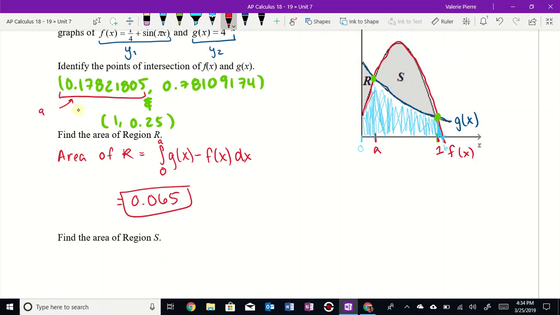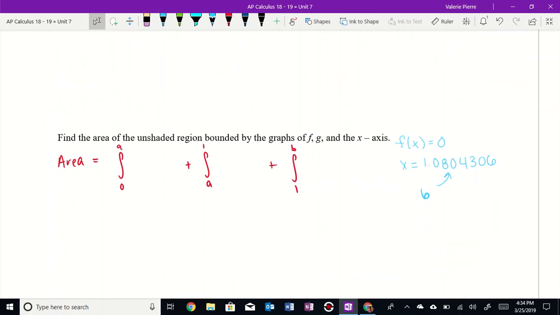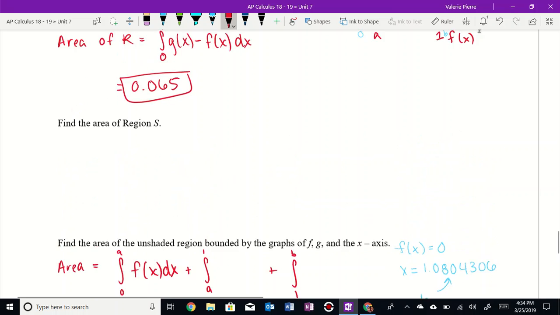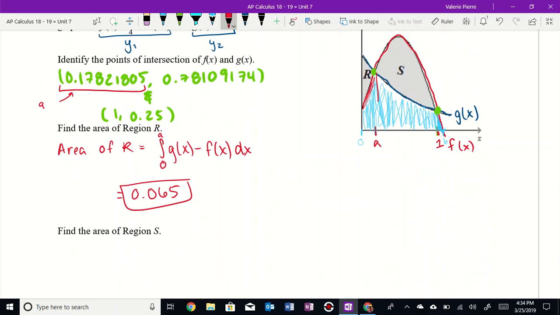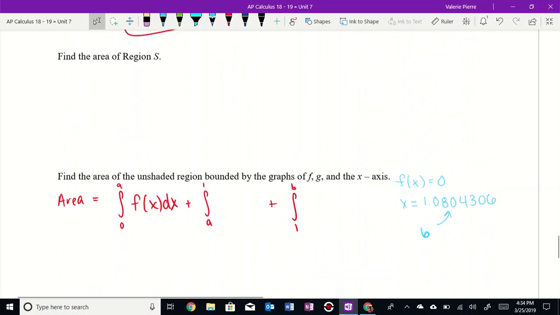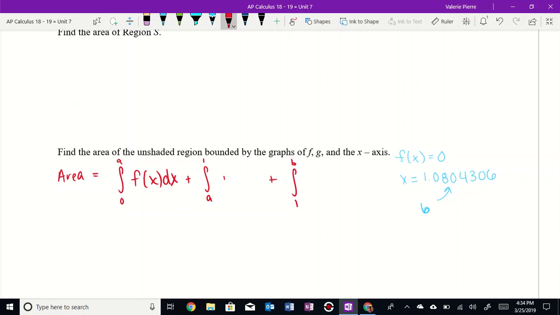The first function we're looking at is our red function, which was f of x. So we want from 0 to A, f of x dx. The second function, once we get past A, is going to be our blue function, which is g of x. So from A to 1, we're looking at g of x dx.